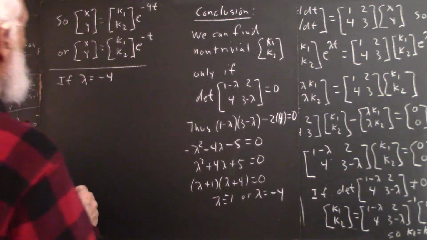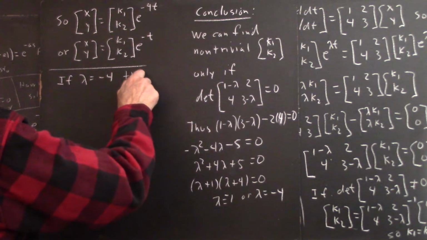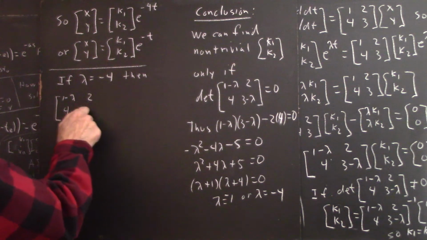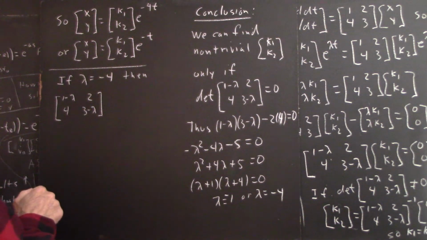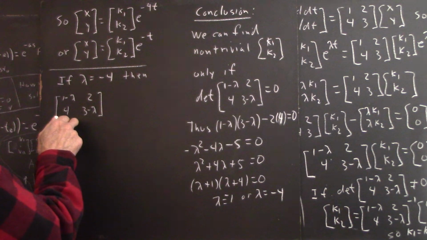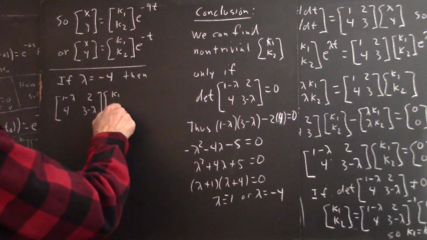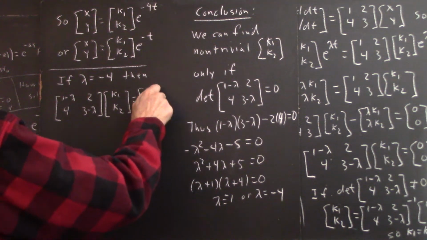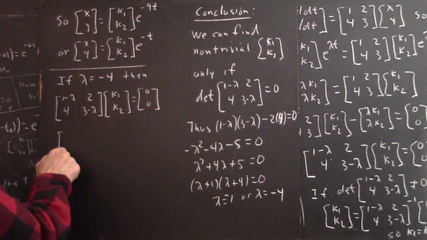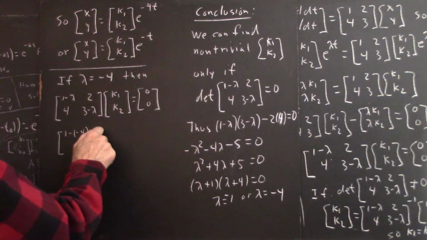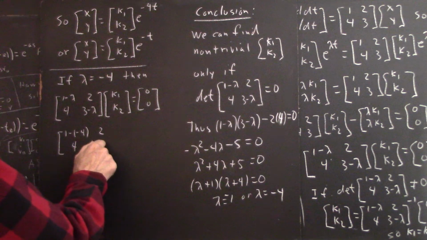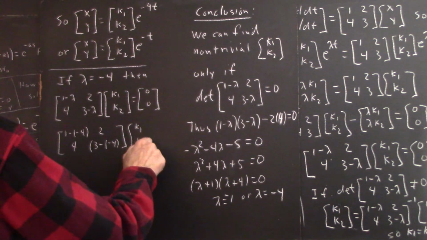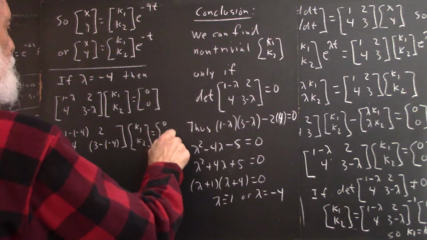Okay, if lambda equals -4, then this times K1, K2 equals 0, 0, meaning that the matrix [1 minus -4, 2; 4, 3 minus -4] times K1, K2 equals 0, 0.